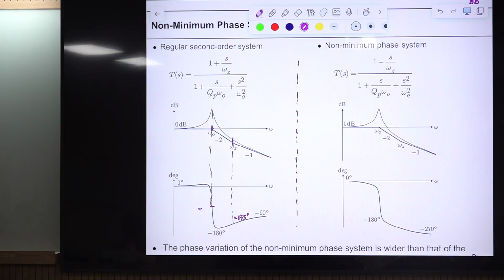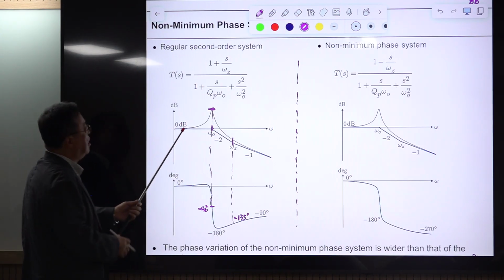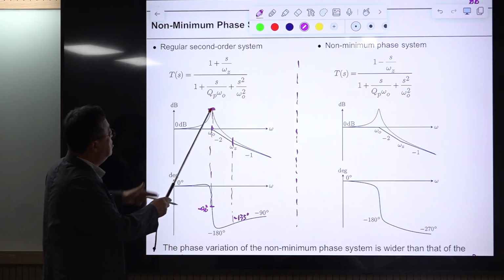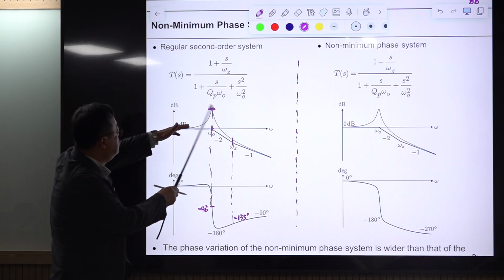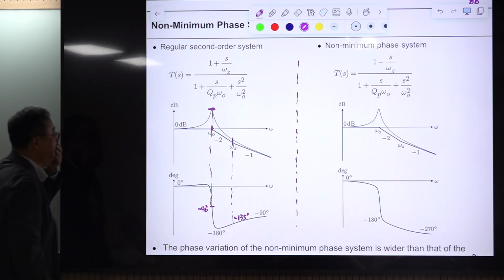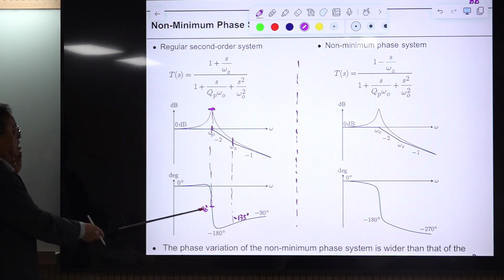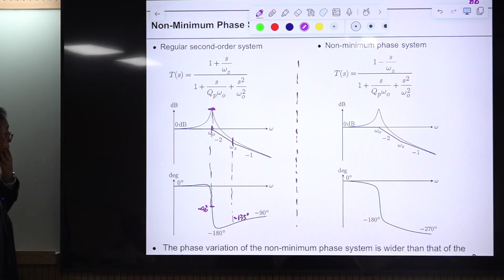No. Because this is a different case. Maybe there is some exception. I said when this peaking occurs, the phase is 0 degrees, but this is different. This is due to this second order peaking, so the phase here should be minus 90 degrees.